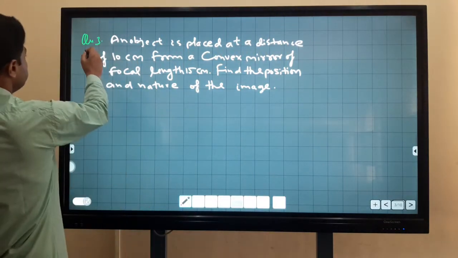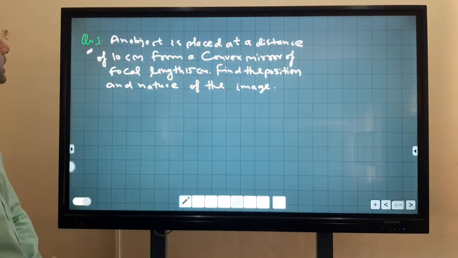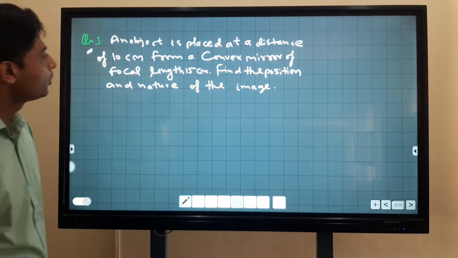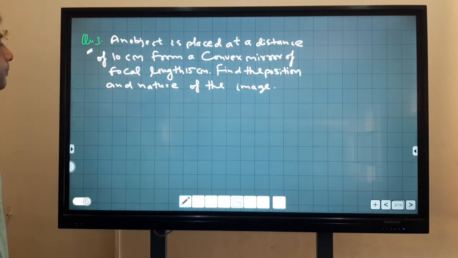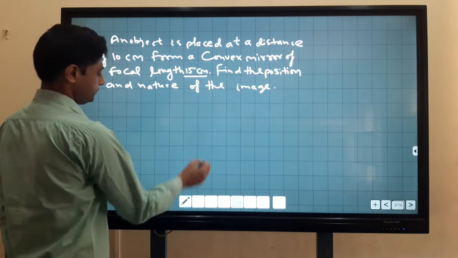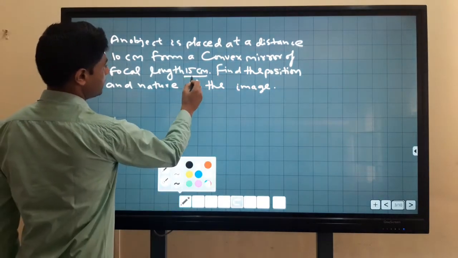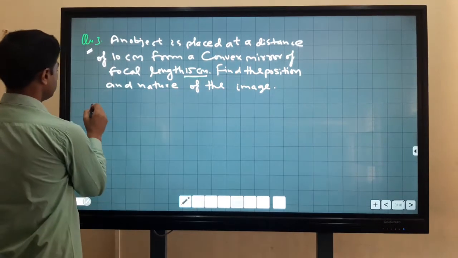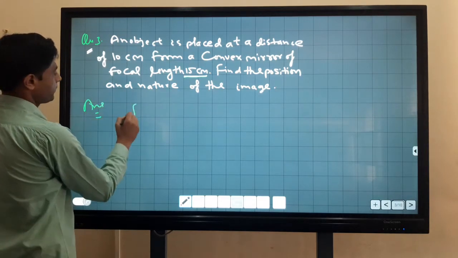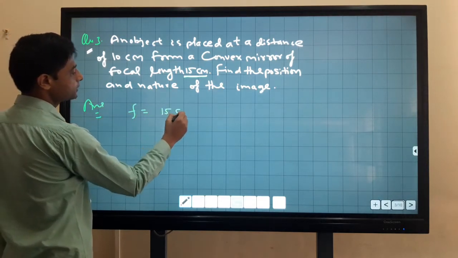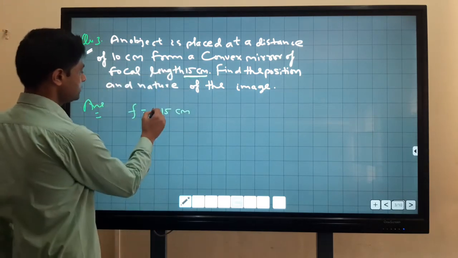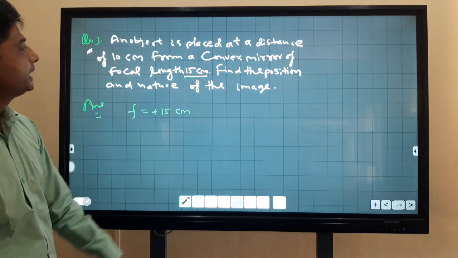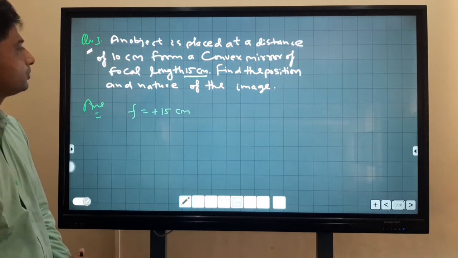Third question: an object is placed at a distance of 10 centimeter from a convex mirror of focal length 15 centimeter. The focal length is 15 centimeter, F equals 15 centimeter. Convex mirror, it means it is positive. Find the position and nature of the image.